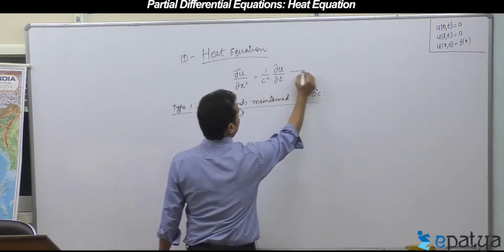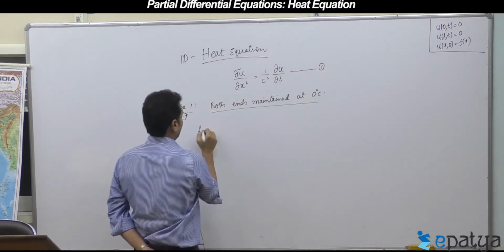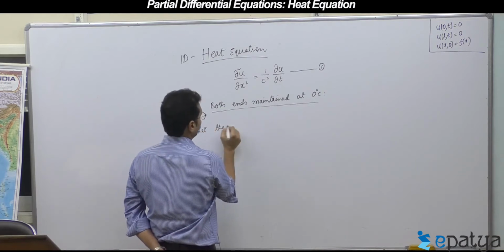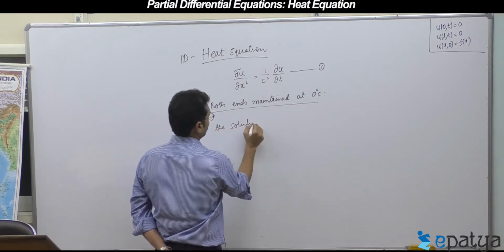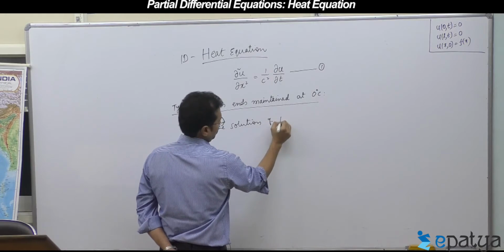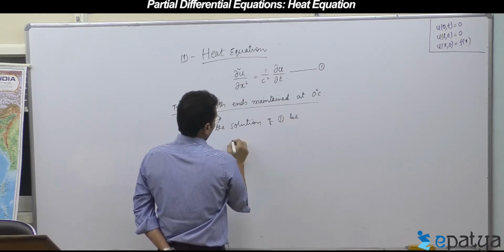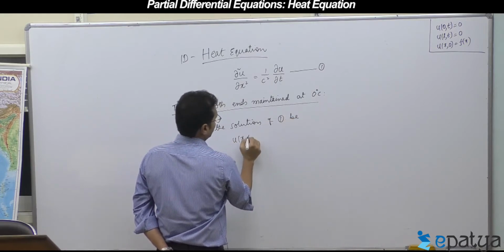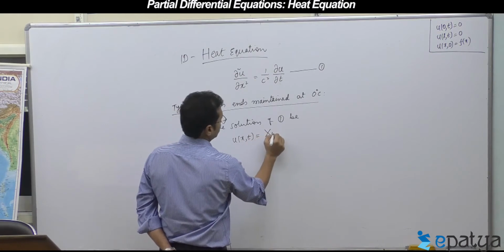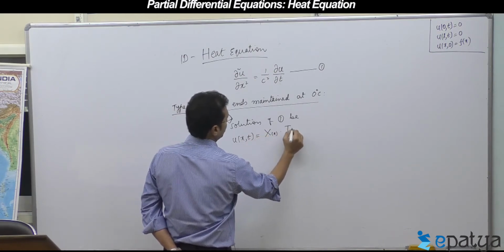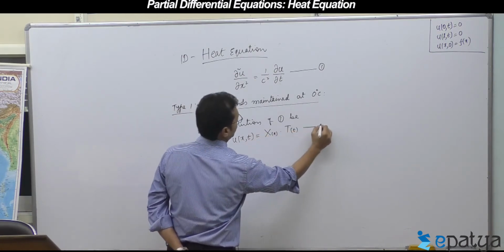Let this be equation number 1. Let the solution of 1 be u of x comma t equal to capital X, which is a function of x alone, into capital T, which is a function of time alone.